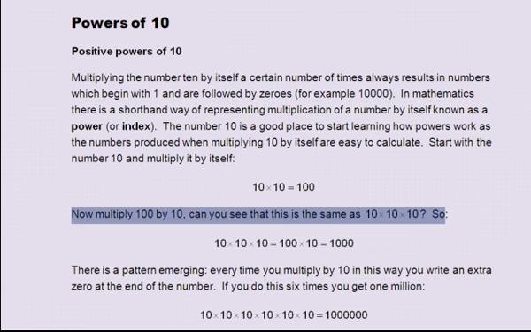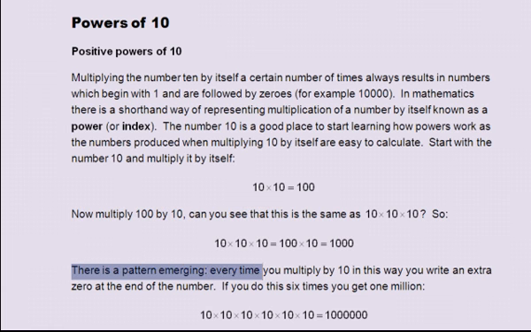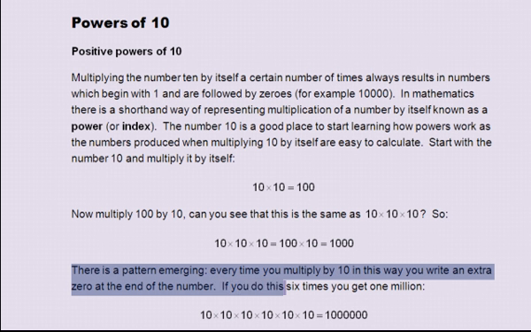So 10 multiplied by 10 multiplied by 10 equals 100 multiplied by 10, which equals 1000. There is a pattern emerging. Every time you multiply by 10 in this way, you write an extra 0 at the end of the number. If you do this 6 times, you get 1,000,000.